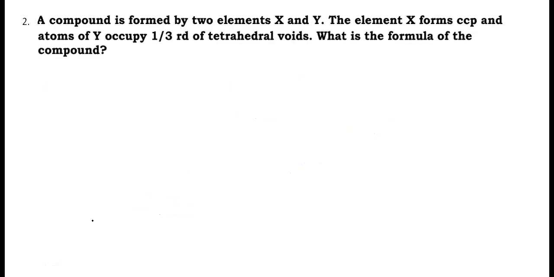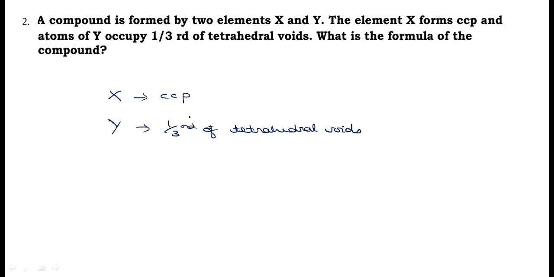So we look into one more similar problem. A compound is formed by two elements X and Y. The X element forms CCP and Y occupies 1/3 of tetrahedral voids. What is the formula of the compound?